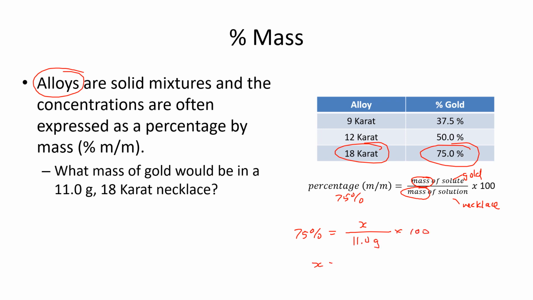And if you want to find X, same thing that we did last time, 75% times the 11 grams divided by the 100 that was on the other side there. And we get 8.25 grams of gold.